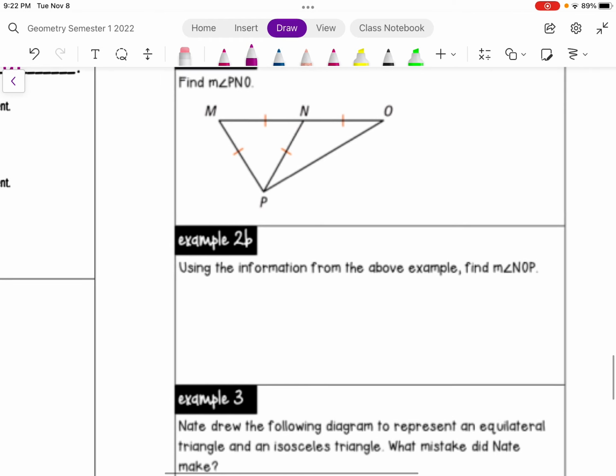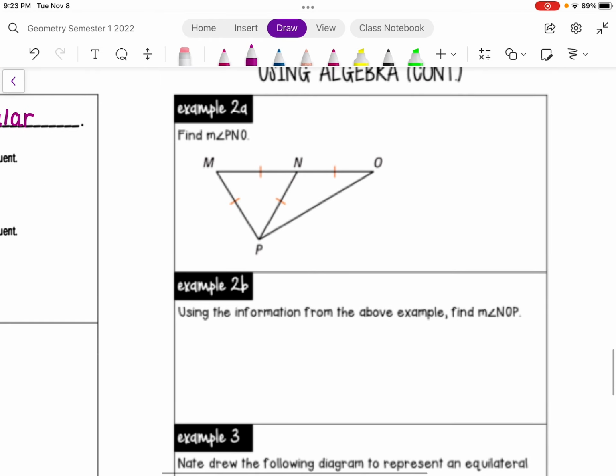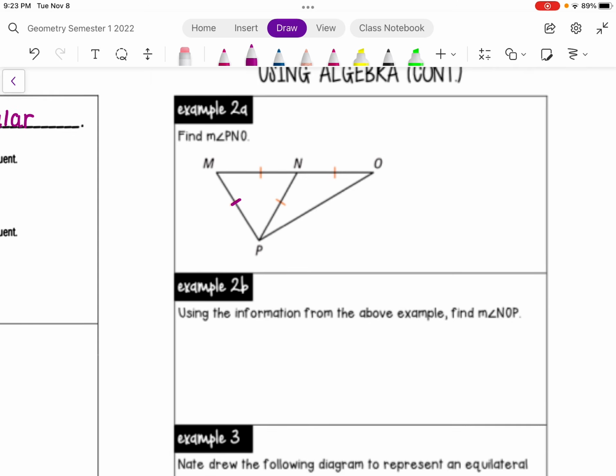I'm actually going to jump over here to example 2. You can find example 1 in your class notebook. So I have that these make an equilateral triangle. So looking at just this even looking triangle here, I know that all of these angles have to be 60. Okay.